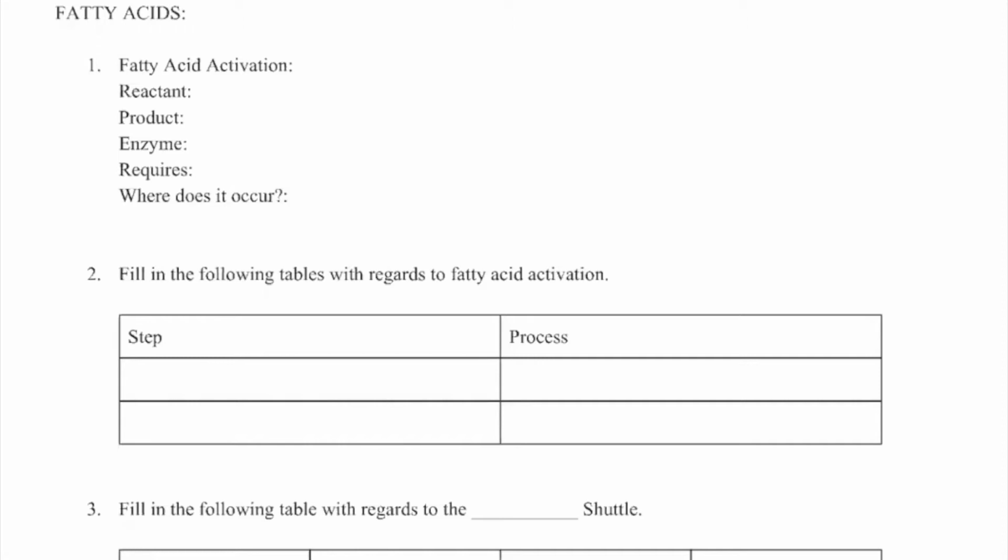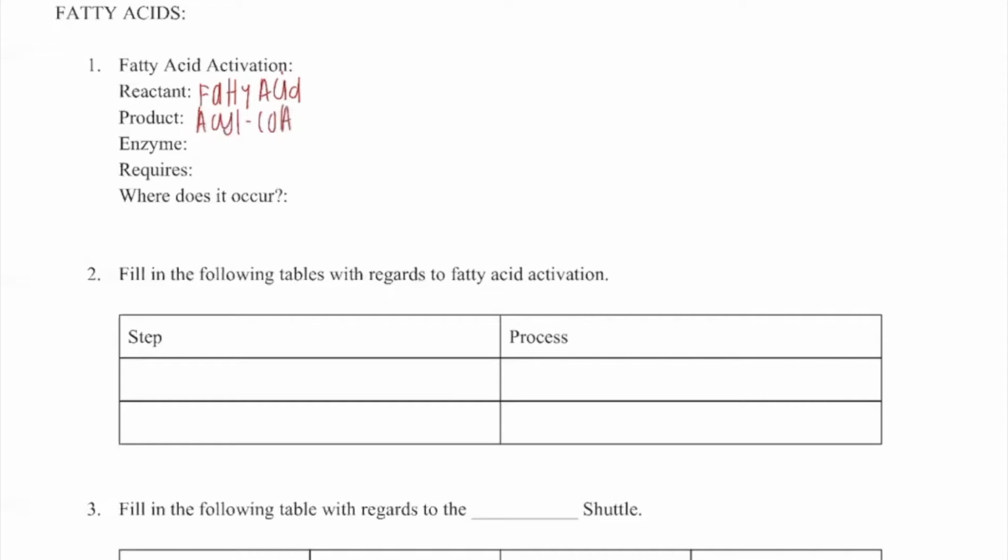So the first question is with regards to fatty acid activation. It's asking us what our reactant is. In this case, our reactant is going to be a fatty acid. Our product is going to be an acyl-CoA.